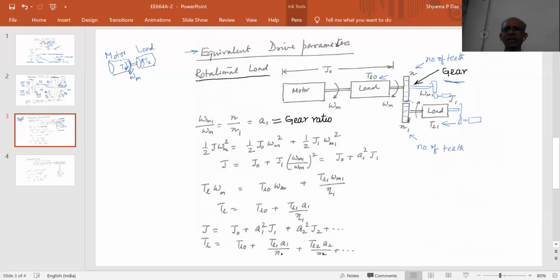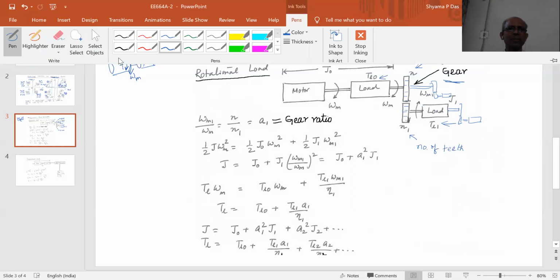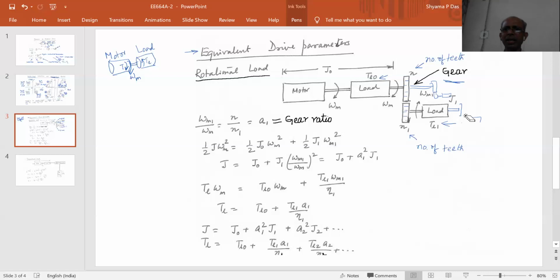Let us now concentrate only on one gear. Say in this case we just have one gear here. When the motor is running, the motor has a speed of omega m, in radian per second, as I already said.